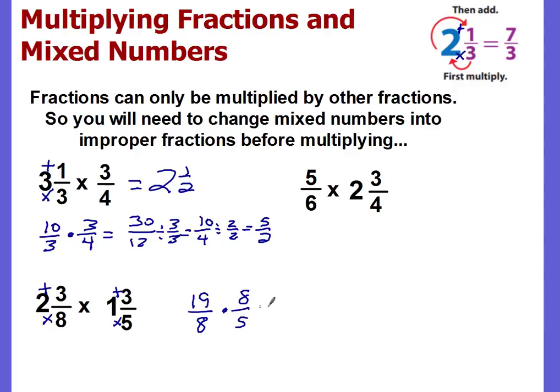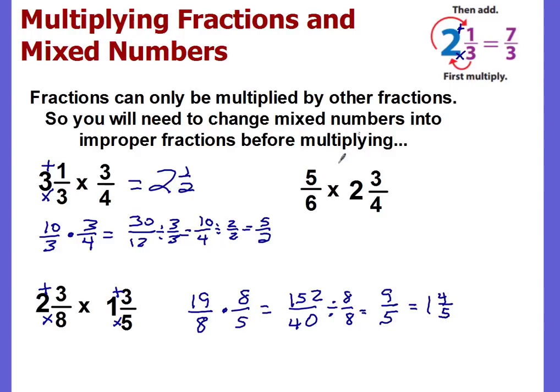Multiply your numerators together. 19 times 8 is 152, over 40. I'm going to divide both by 8. It's a common factor. And 8 goes into 152 19 times, so we get 19/5. Cannot simplify any further, but it is improper, so let's change it to a mixed number. 5 goes into 19 3 whole times with a remainder of 4, so 3 4/5.